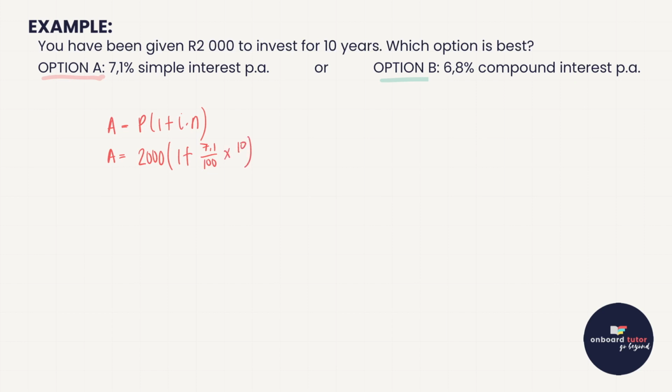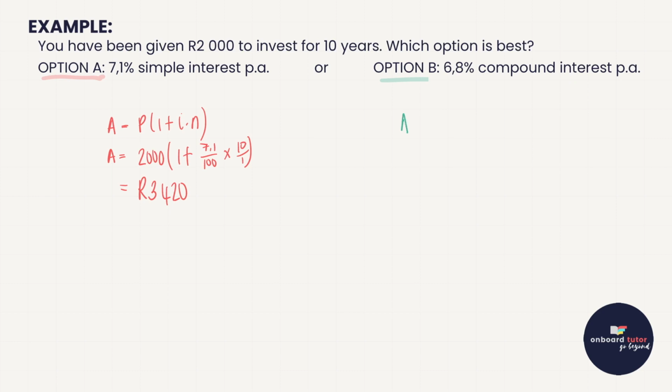I'm writing it like that because I always think of a fraction times a fraction. But essentially, your calculator can do all of that for you, so you don't need to write it over 1. So we type this into the calculator, 2,000 brackets 1 plus 7.1 over 100 times 10, and we end up with a final answer here of 3,420 Rand. So that's option A.